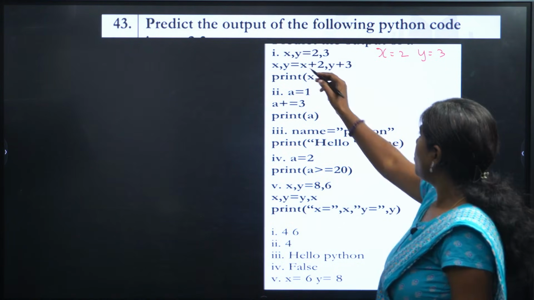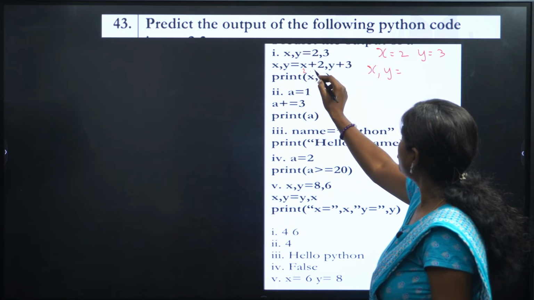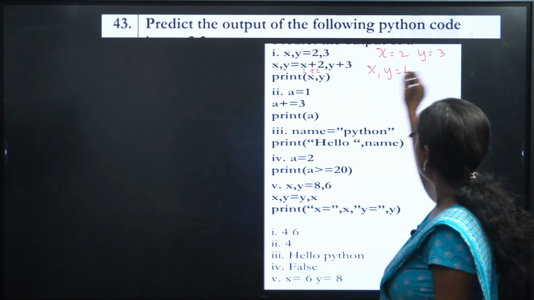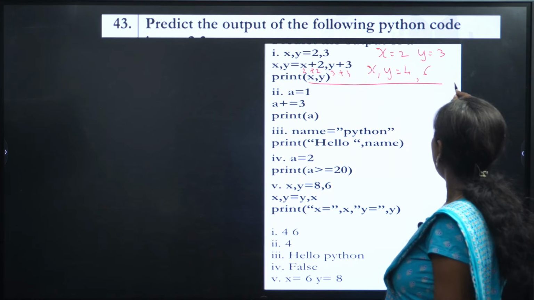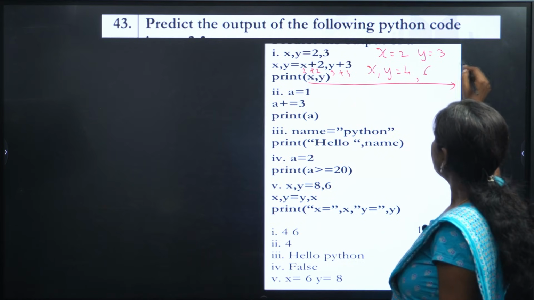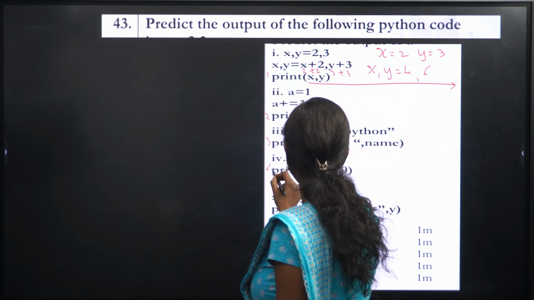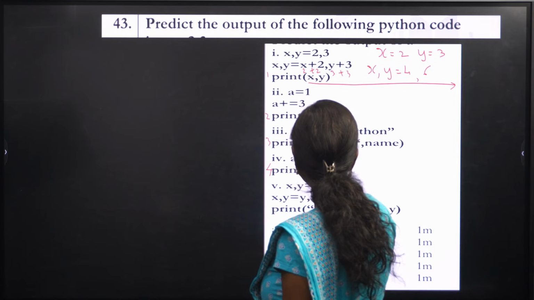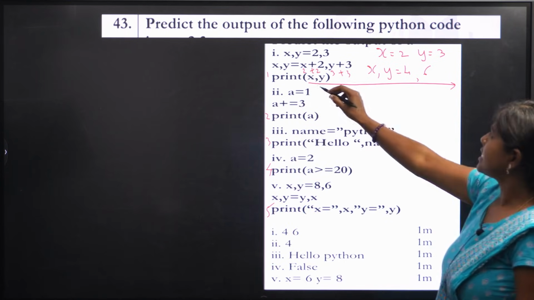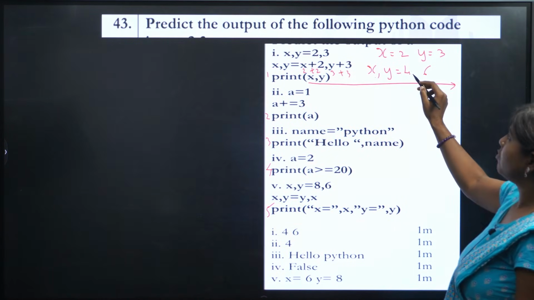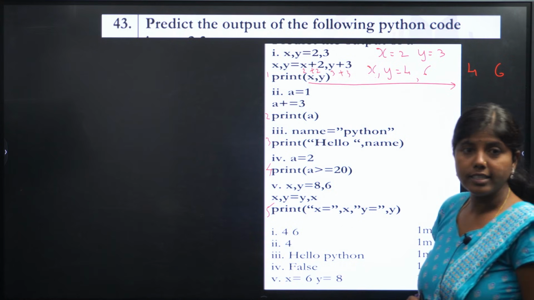What is x, y? x, y equals x plus 2. x is what? 2 plus 2 is what? 4, and 3 plus 3, 6. What is the value? Okay, I'm just going to print here. I'm going to write 1, 2, 3, 4, print. Correct. Okay, what does this x, y mean? x takes the value 4, y will take 6. So 4, 6 is our answer.